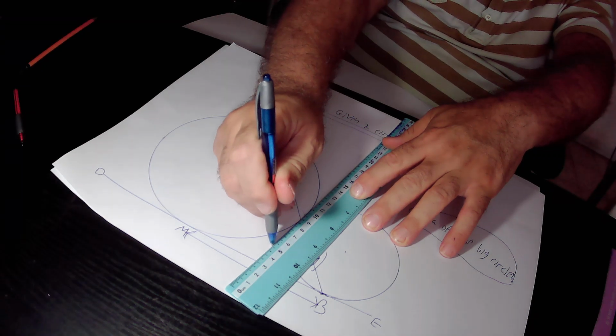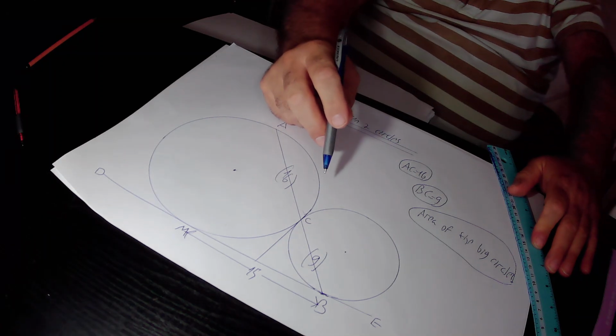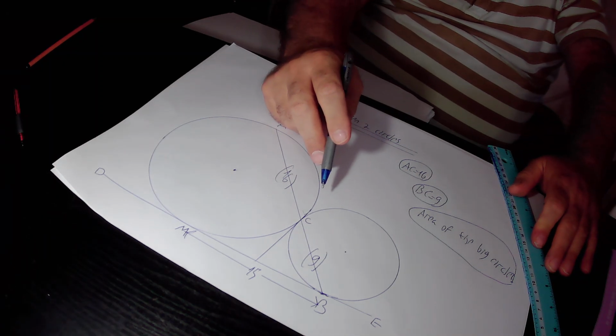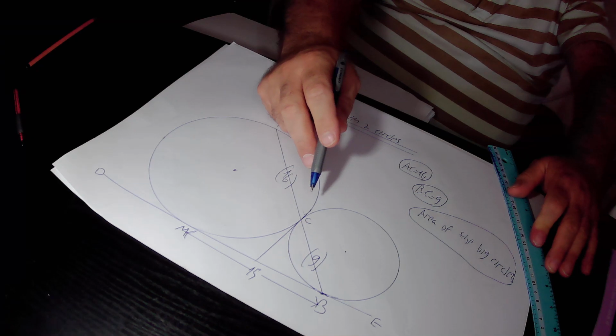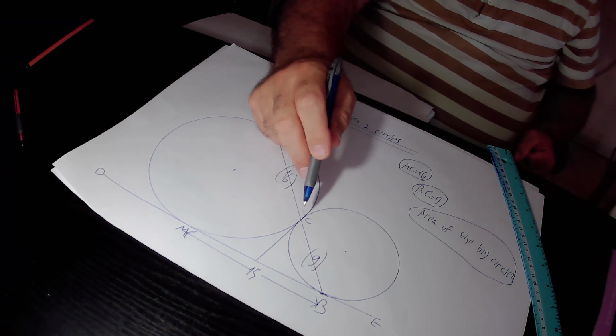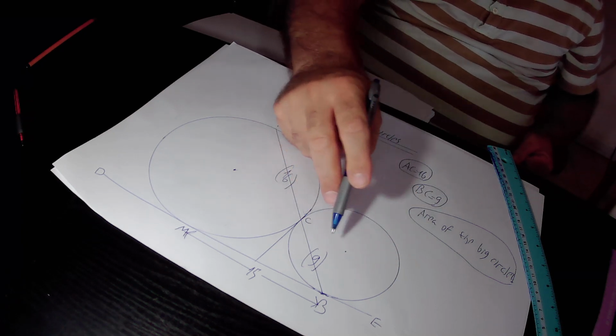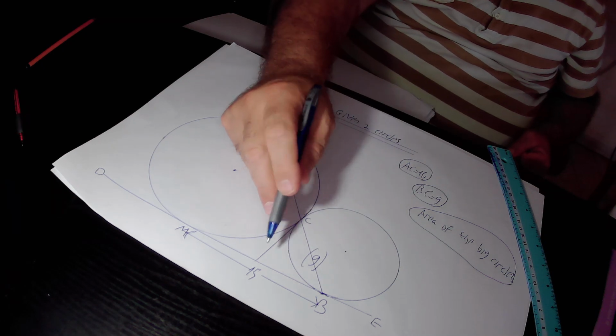We define the touching point of the common tangent with tangent DE. This point is point N.